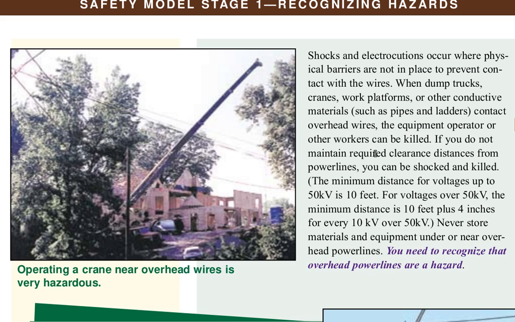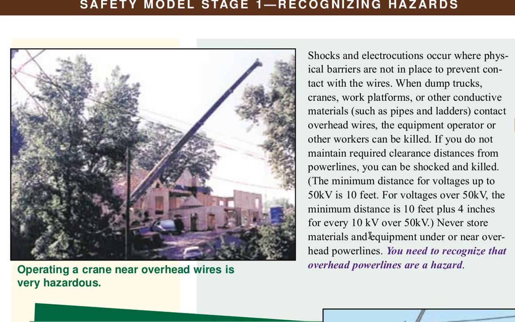If you do not maintain required clearance distances from the power lines, you can be shot and killed. The minimum distance for voltages up to 50 kilovolts, which is 50,000 volts, is 10 feet. For voltages over 50,000 volts, the minimum distance is 10 feet plus 4 inches for every 10,000 volts over 50,000 volts.